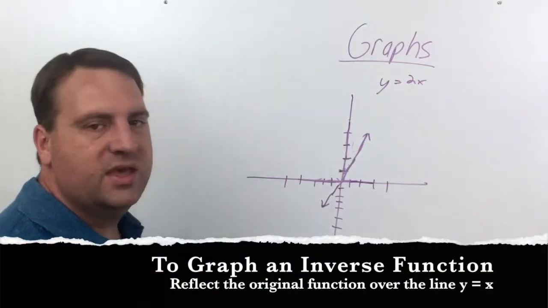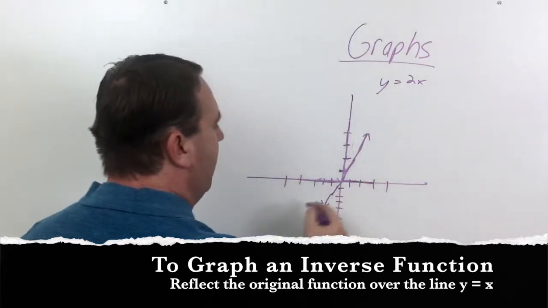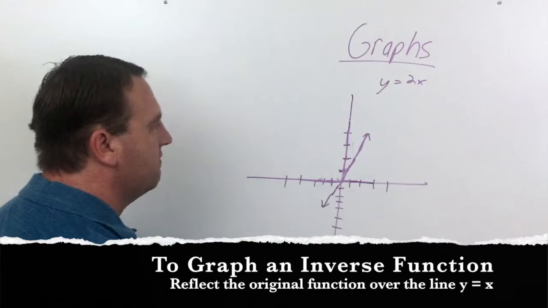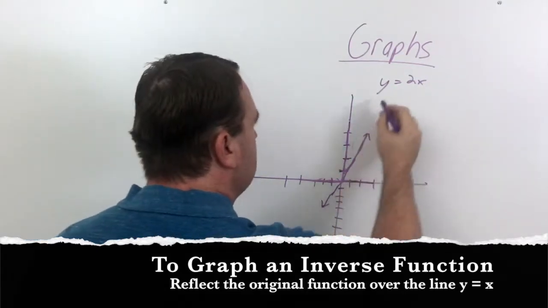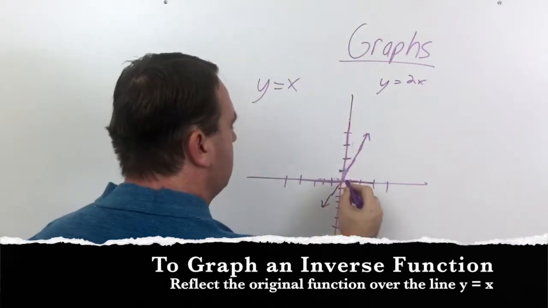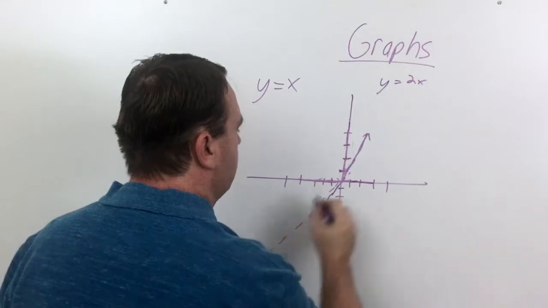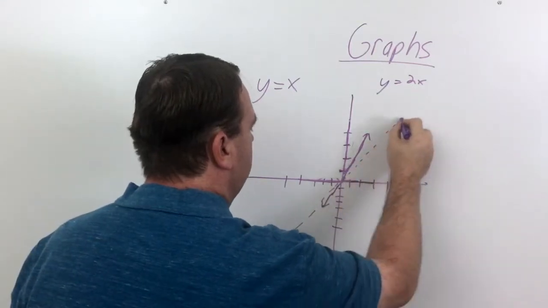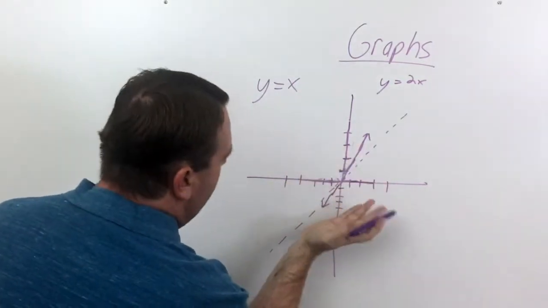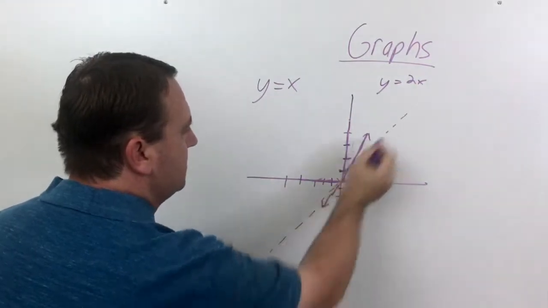If I want the inverse function, all I have to do to get a graph of a function and turn it into the graph of an inverse function is to reflect it over the line y equals x. So that's going to be a straight diagonal. And the inverse function will simply be a reflection of this line over this axis.